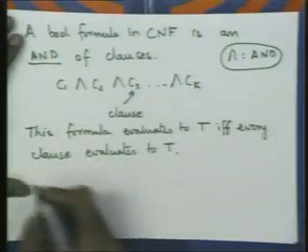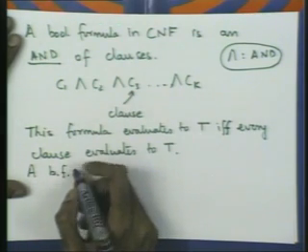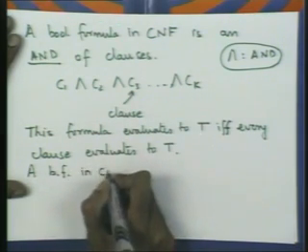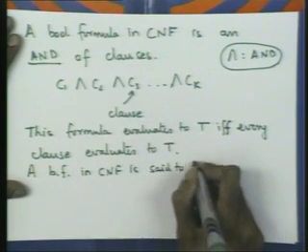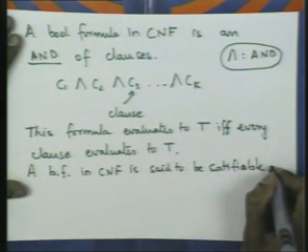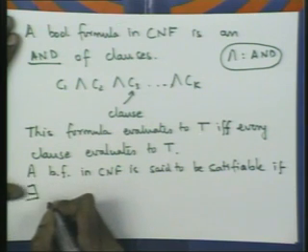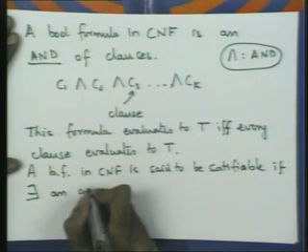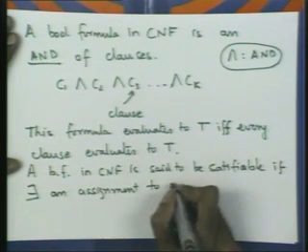Okay. I need one more definition, then we are ready to roll. So a Boolean formula in CNF is said to be satisfiable if there exists an assignment to the variables.